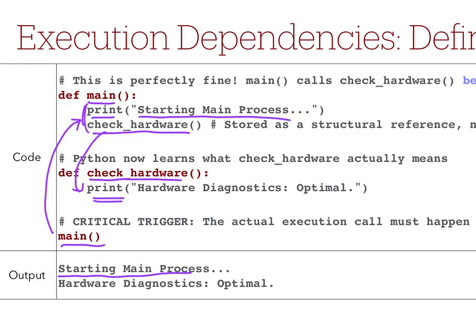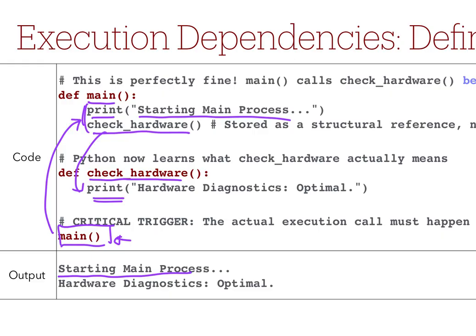So when I call the function main, at that point, the main function must be defined somewhere in the memory. I do not check the contents of the main function yet.